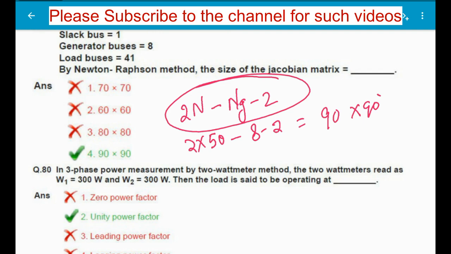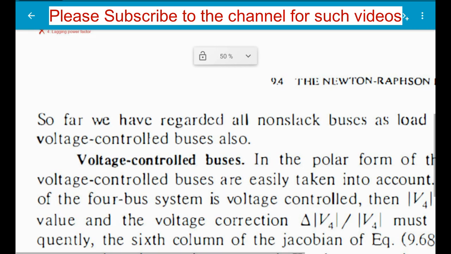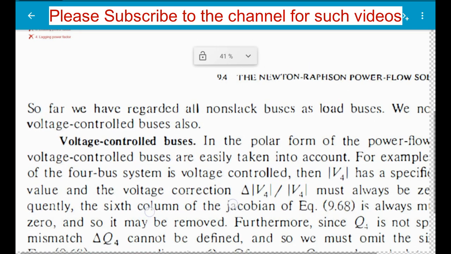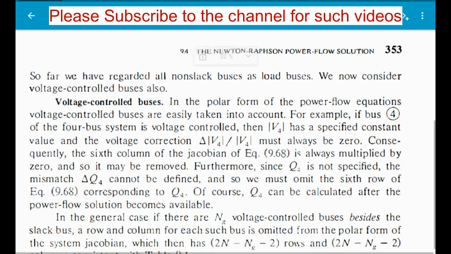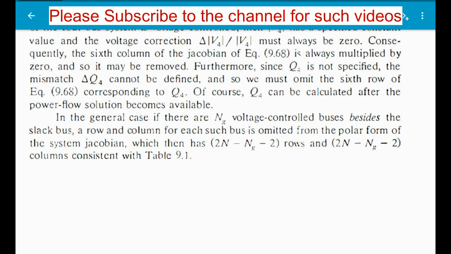I have attached the photo here. This one is the cut out of the page of Stevenson and Grainger, a standard book of power system, and here it is written that in general case, if there are ng voltage controlled buses, that is generator buses, besides the slack bus, a row and column of each such bus is omitted from the polar form of the system Jacobian, which then gives 2n minus ng minus 2.